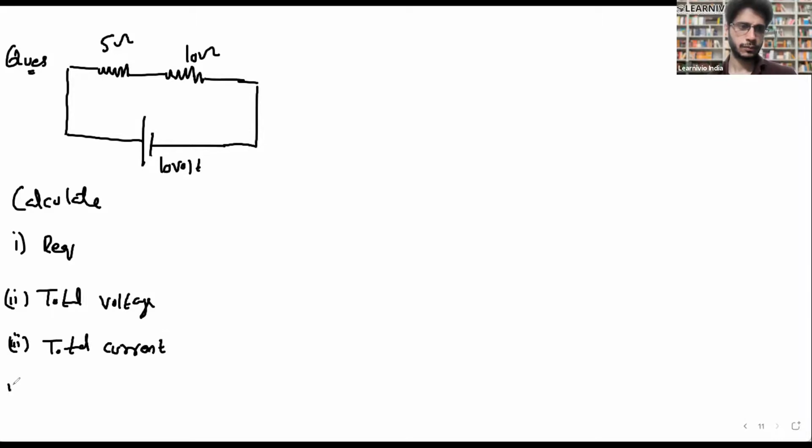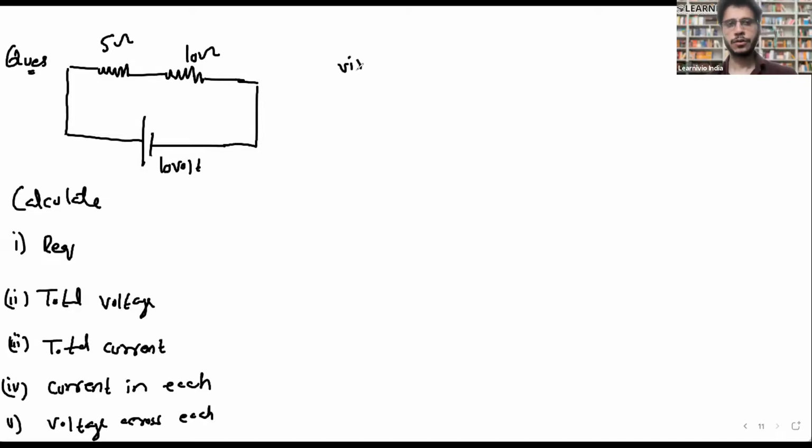4, current in each resistor; voltage across each; 6th, power dissipated across each.